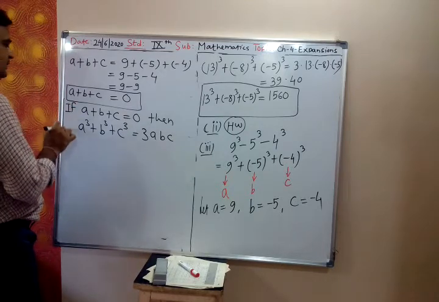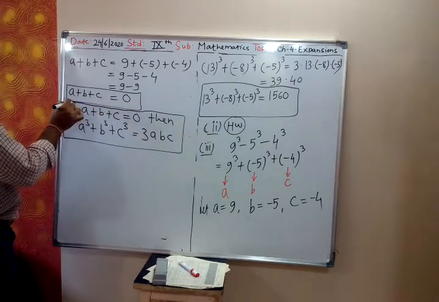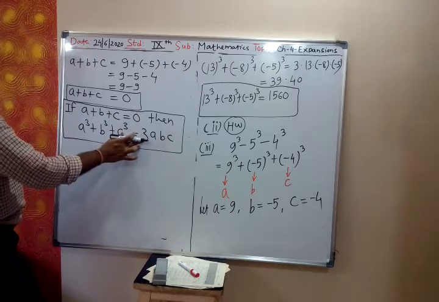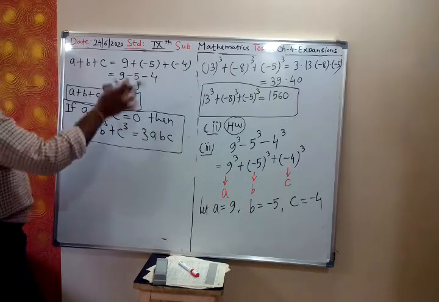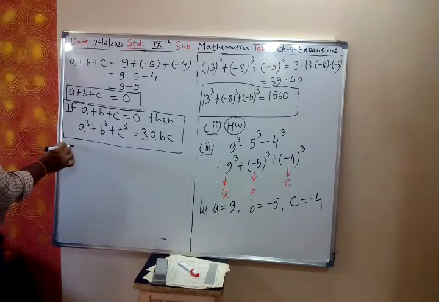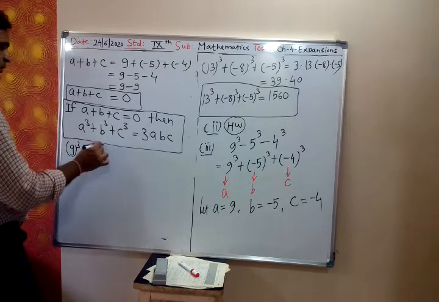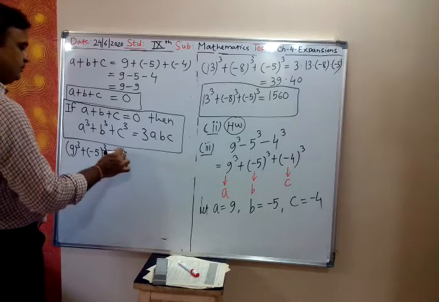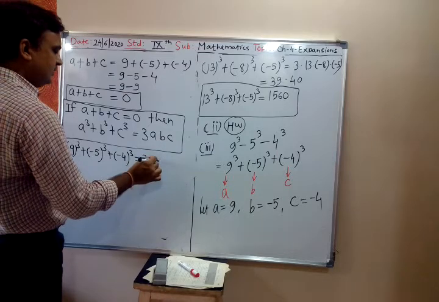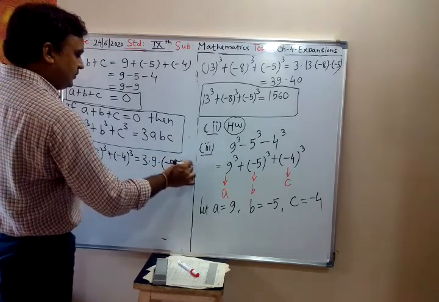Now we substitute the values of A, B, C. A is 9, so 9 cube plus B, minus 5 cube, plus C, minus 4 cube, is equal to 3 into A, 9, into B, minus 5, into C, minus 4.